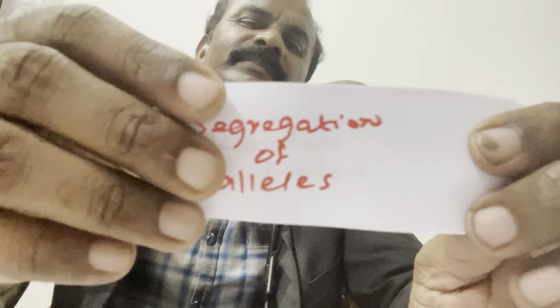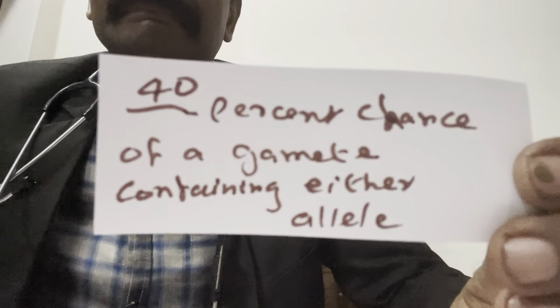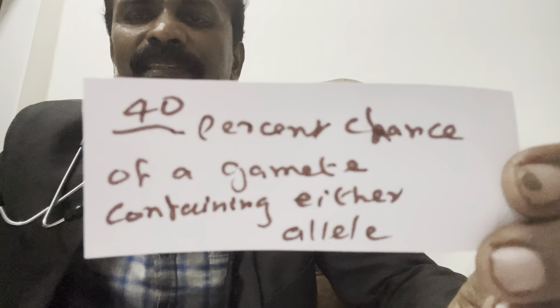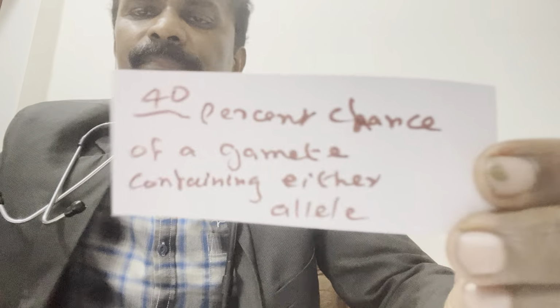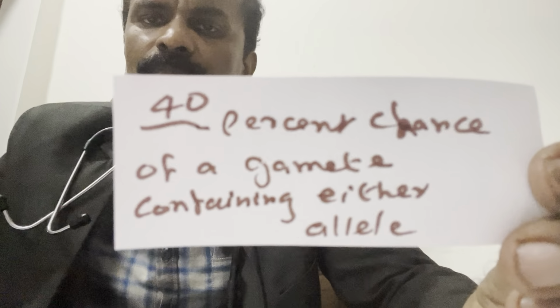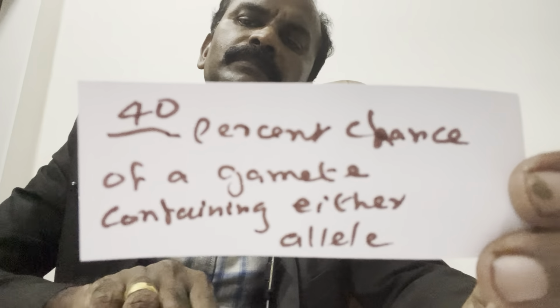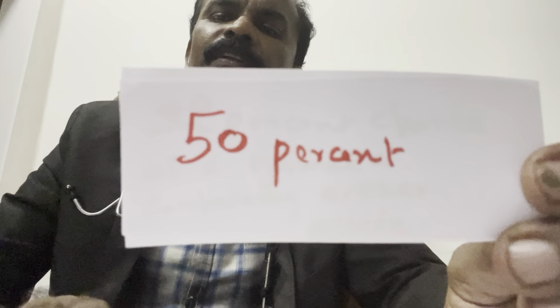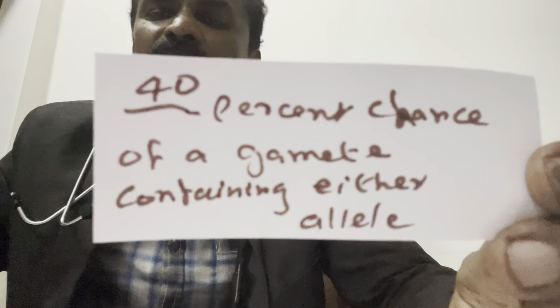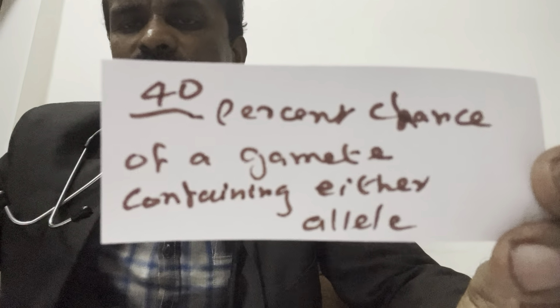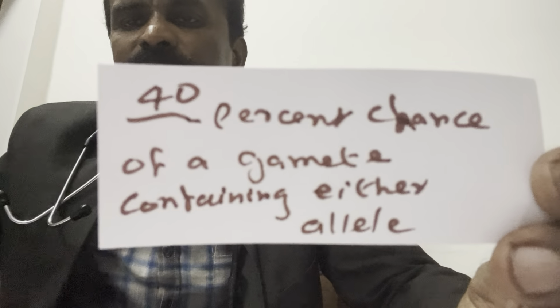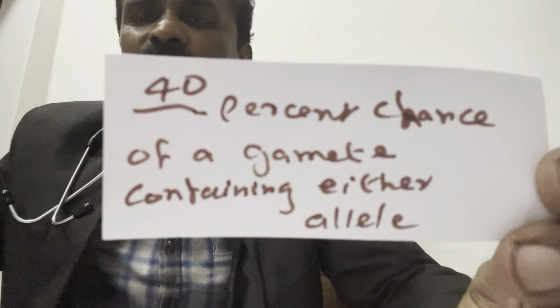You must answer segregation of alleles. 40% chance of a gamete containing either allele, true or false? The correct answer is 50%. So read the question very well.